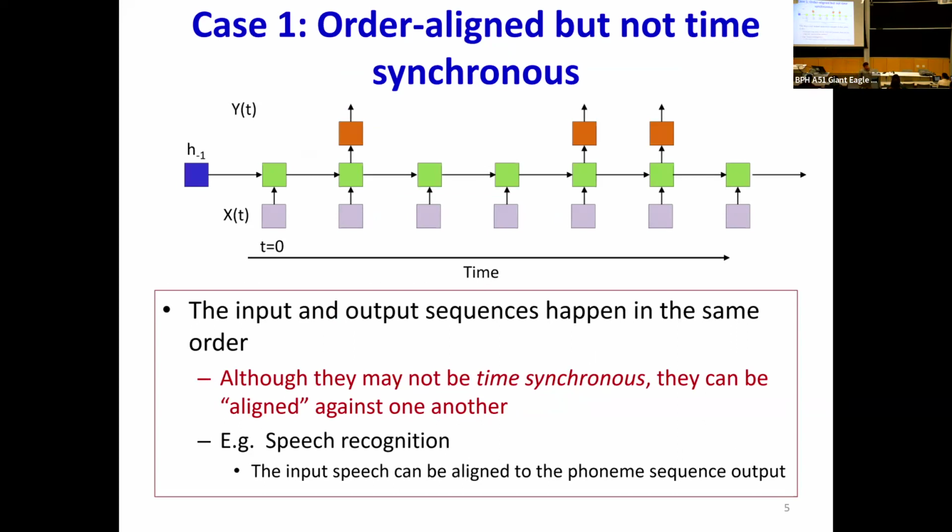What I mean by this is that the output symbols are going to be fewer than the input, and the order in which the output symbols happen corresponds to the order of the input, which means that the first output symbol corresponds to the initial portion of the input. The second output symbol corresponds to the second portion of the input, and so on, which is why you can actually align the outputs to the input. So this is what I will call time asynchronous, because you don't have a one-to-one correspondence between input and output, but order synchronous outputs, right?